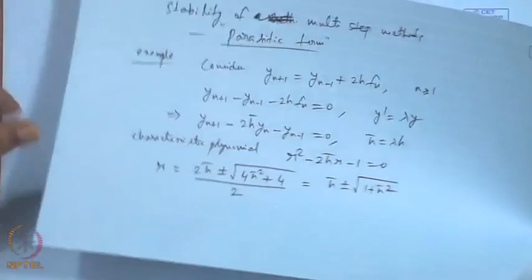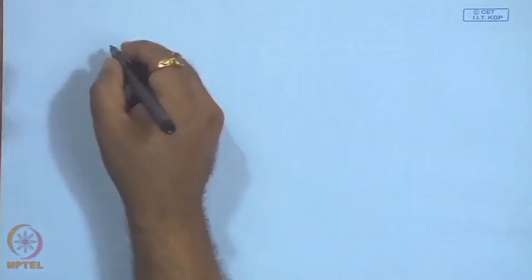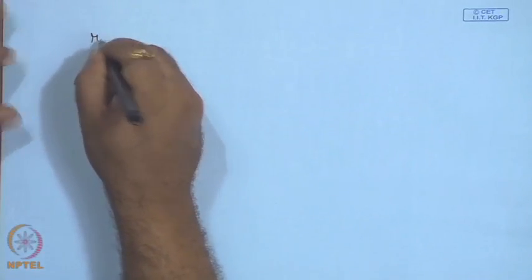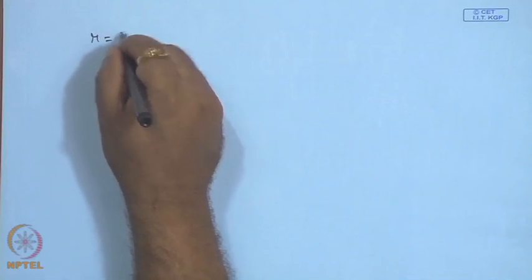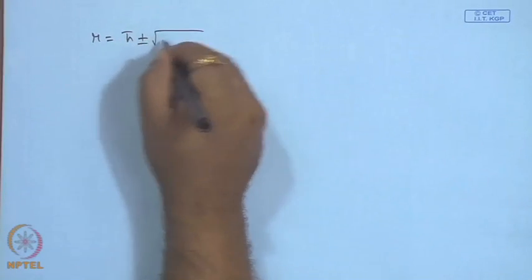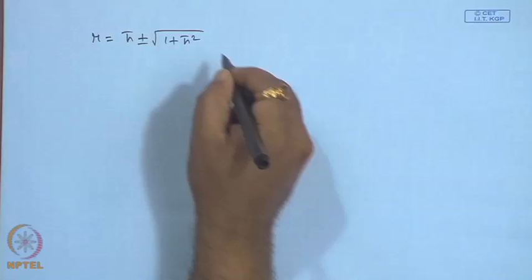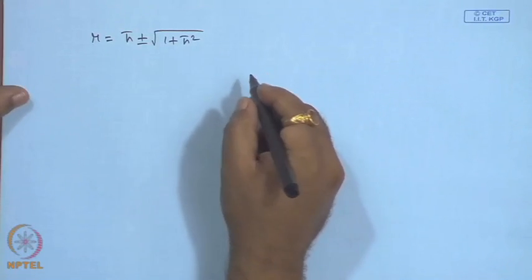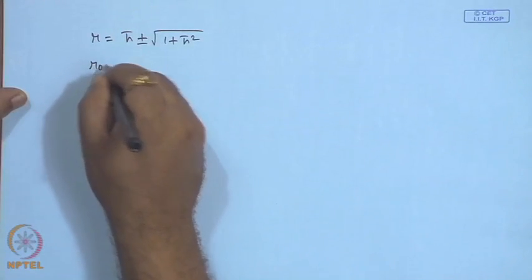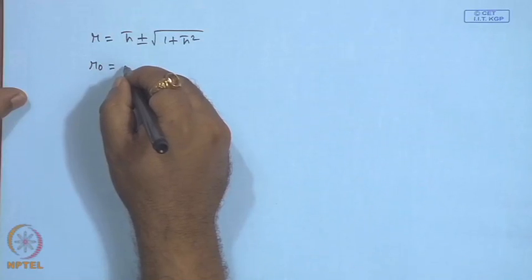So, let us analyze. So, what were the roots? R equals to h bar plus or minus square root of 1 plus h bar square. Okay. So, now consider first root, call it R 0.